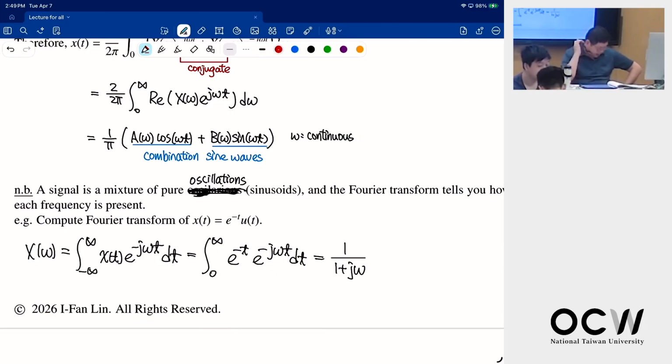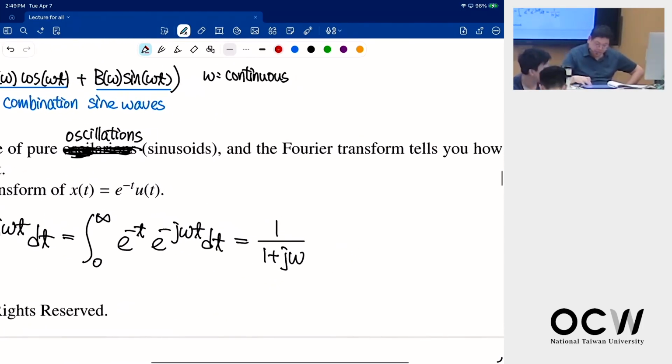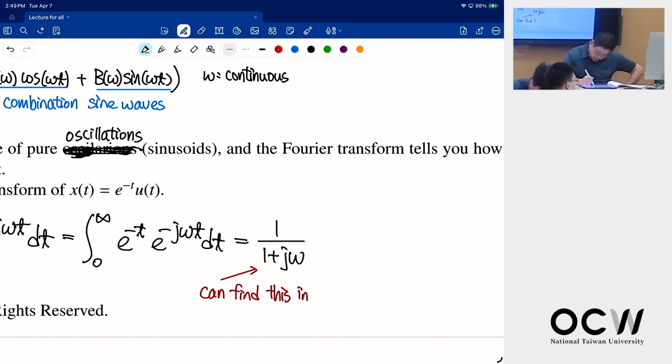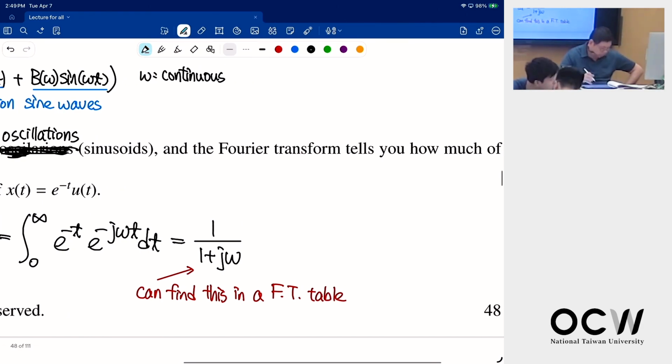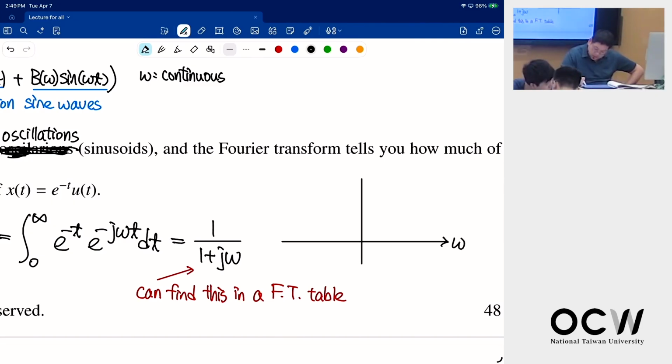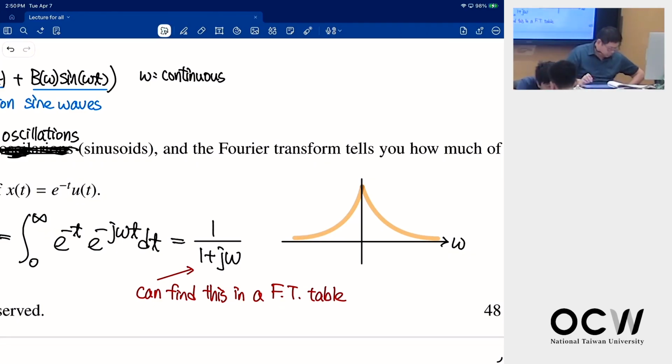Actually, you can see the Fourier transform table. Okay, you don't need to calculate that. You can find it in the Fourier transform table, and it looks like this, here's omega.